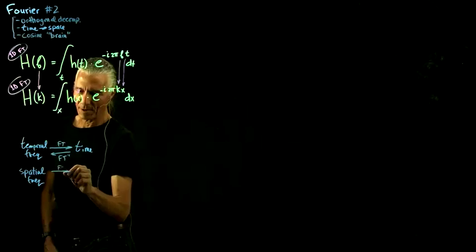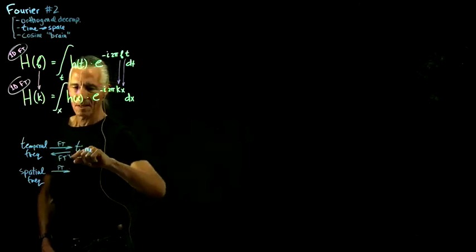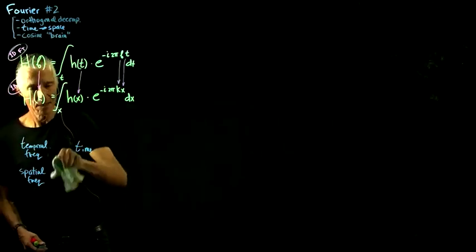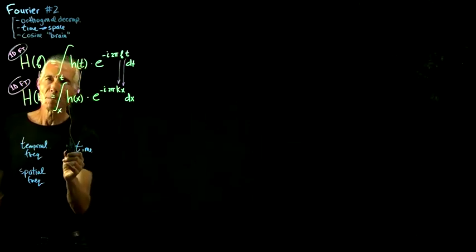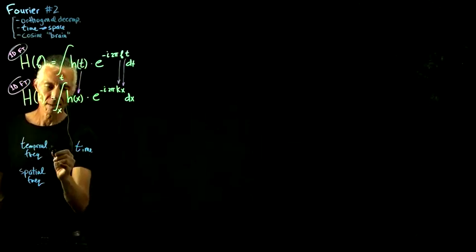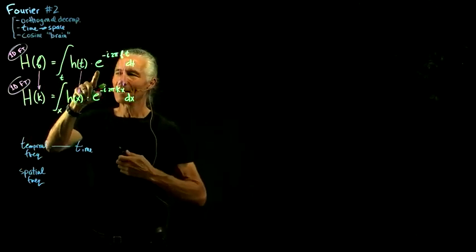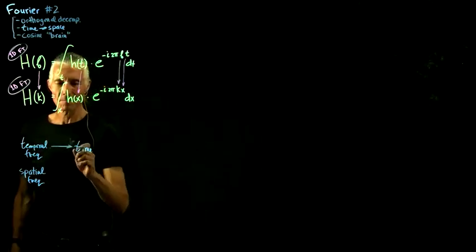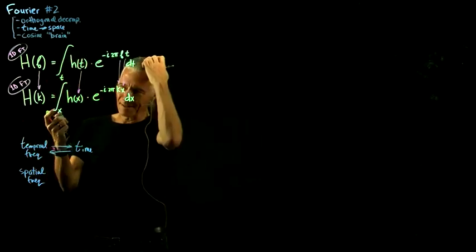And the second equation was spatial frequency. Sorry, I got my arrows wrong here. So when we go this way from temporal frequency to this side of the equation, it depends on how you think about it.